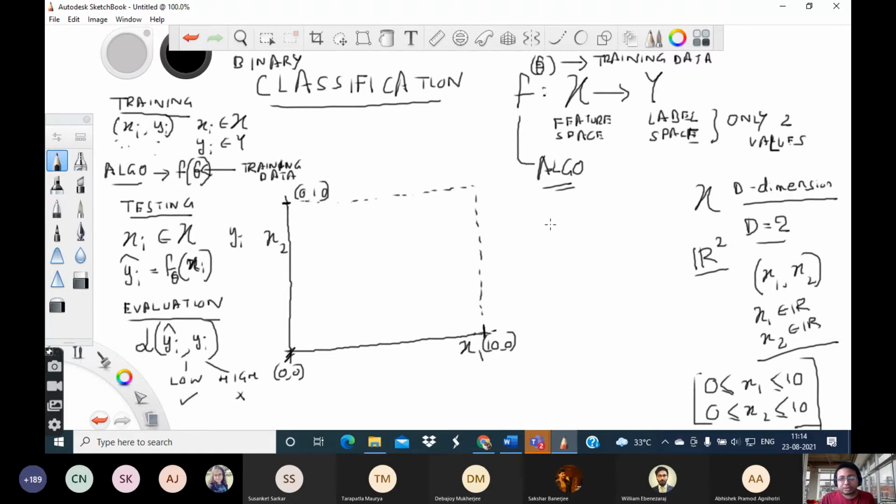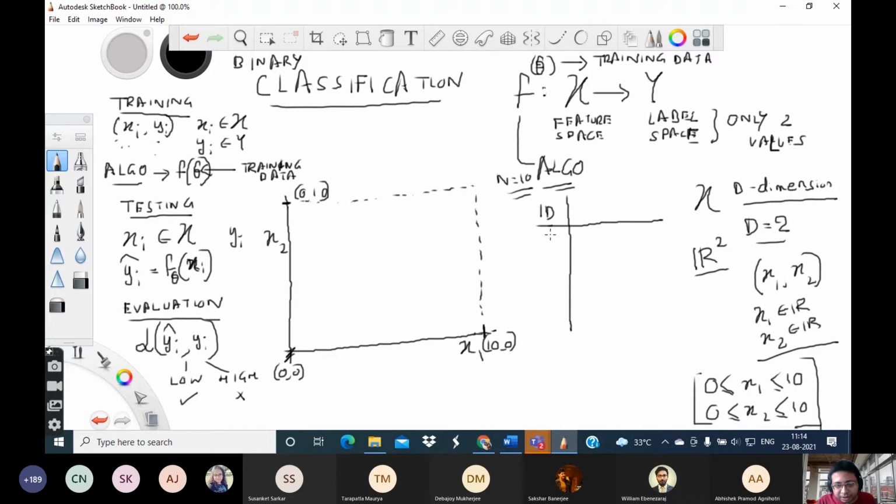Now let us see what data points we actually have. This is the training phase, so we will have both the input features as well as the corresponding labels. First, the ID numbers of the data set. Let us say n equal to 10, that means 10 data points have been given to me for training.